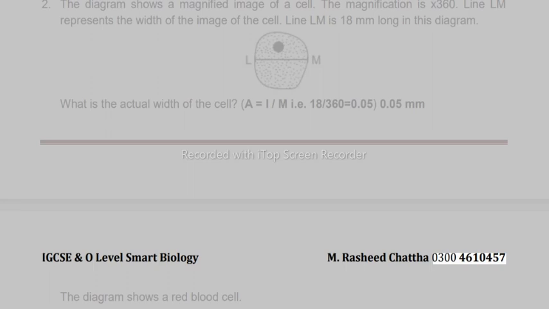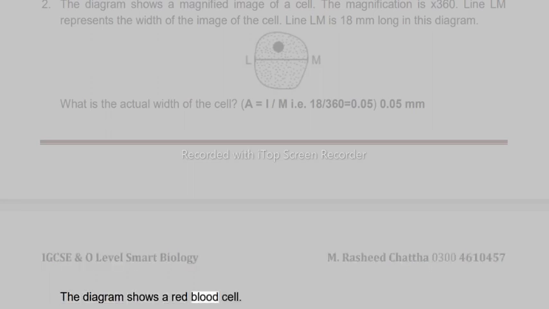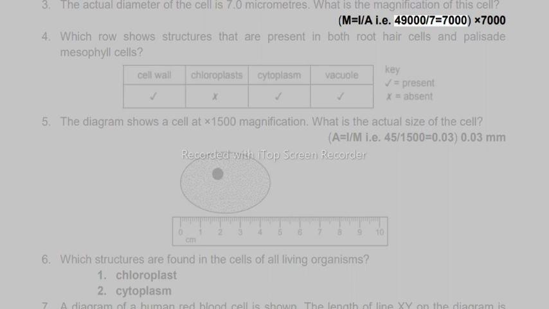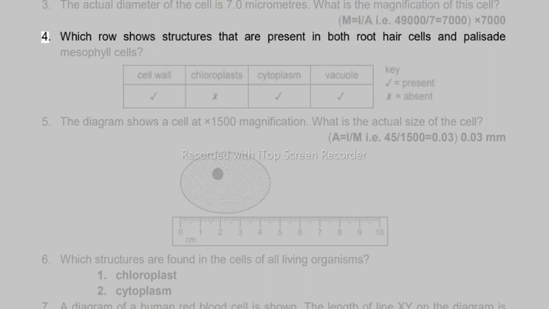The diagram shows a red blood cell. 3. The actual diameter of the cell is 7.0 micrometers. What is the magnification of this cell? M equals I divided by A, equals 49,000 divided by 7, which is 7,000 times. 4.